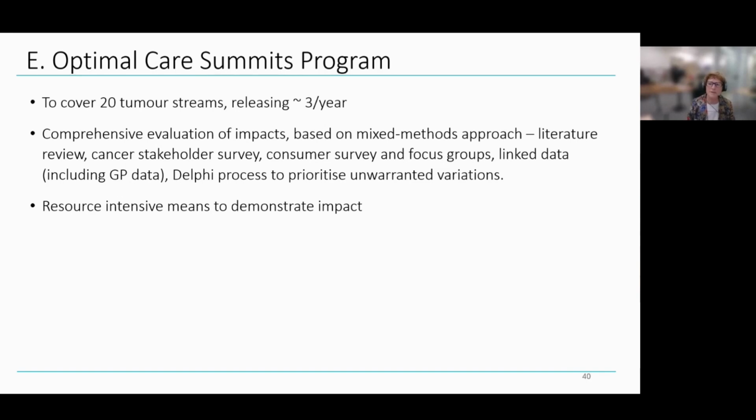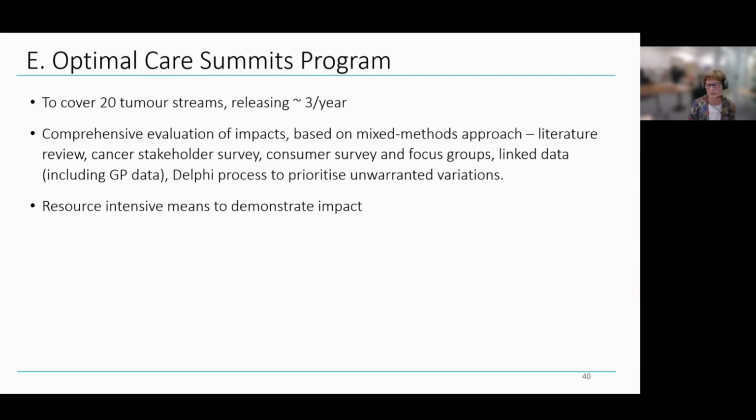It is a very, very comprehensive evaluation based on mixed methods, inclusive of a literature review, consumer groups, consumer surveys, implemented data collection systems, as well as used existing data collection systems. An excellent, very broad approach to measuring impact.